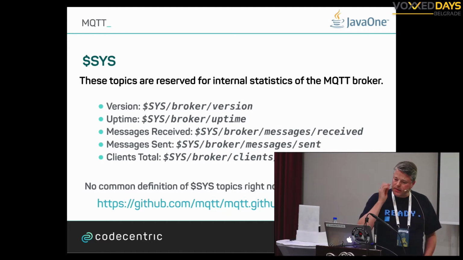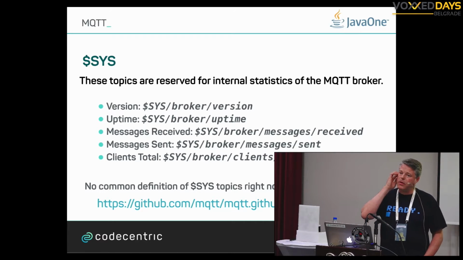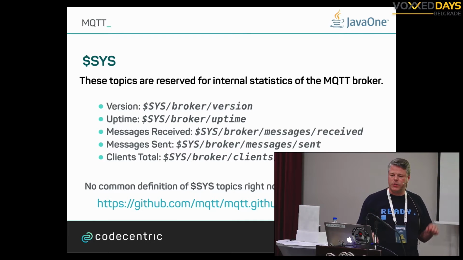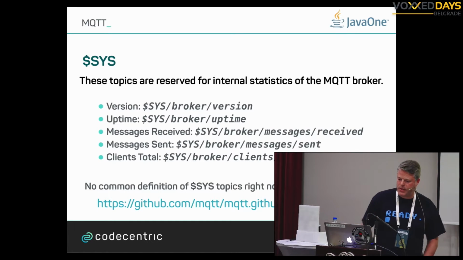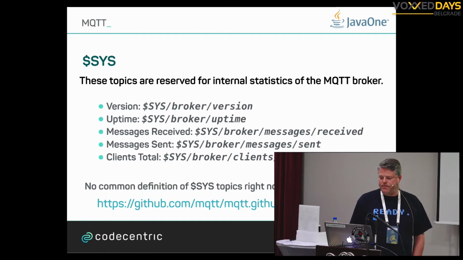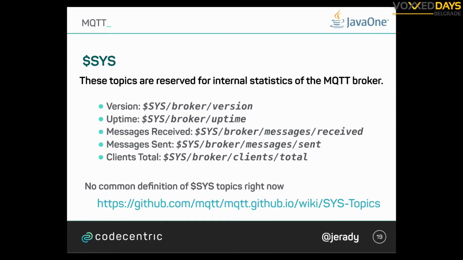There's another thing, a special topic. There's a topic structure that starts with $SYS, so the dollar symbol and the letters sys. It's not a common standard, but there's a kind of common definition of these sys topic structures.